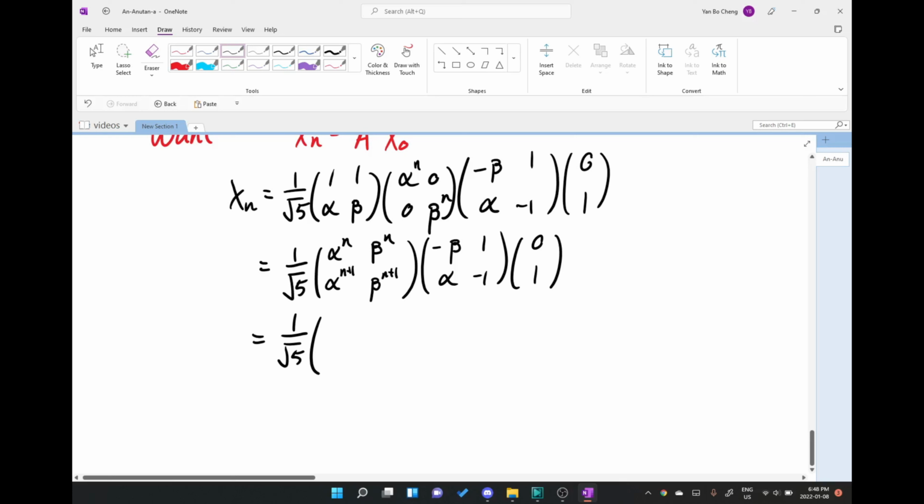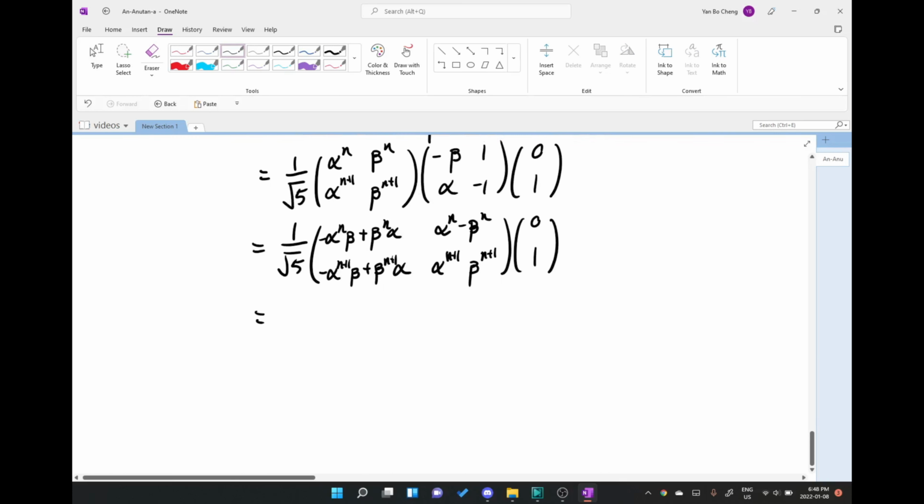Yeah, you can see I'm really slow at computing stuff. Alpha minus alpha and beta plus beta and alpha. And this is alpha^n minus beta^n, alpha^(n+1) minus beta^(n+1), times 0, 1.